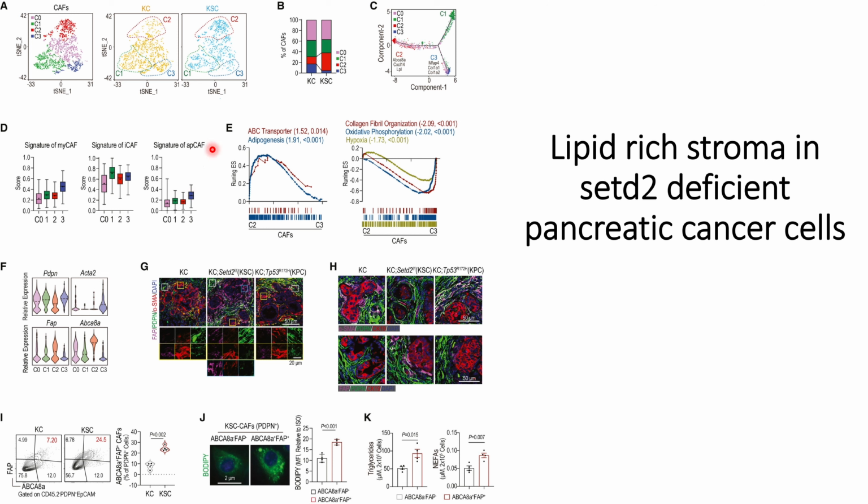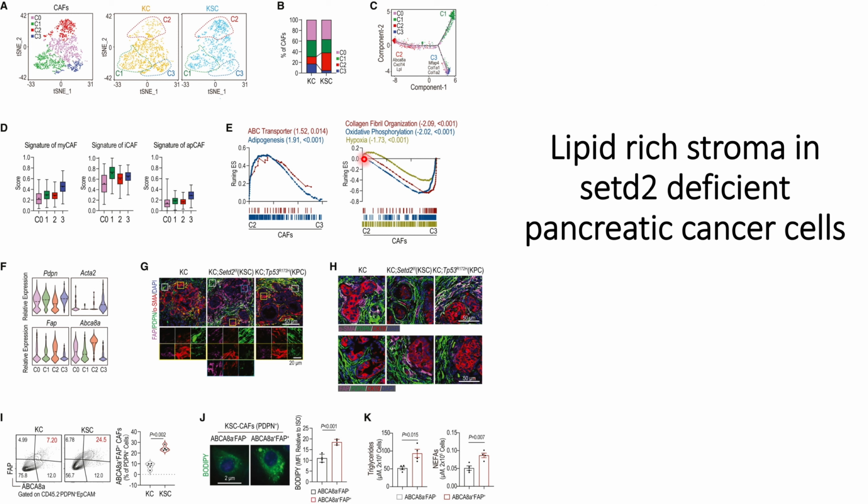When they did the gene set enrichment analysis based on the genes upregulated in these clusters, they found that in the C2 cluster the ABC transporter and adipogenesis genes are highly upregulated, whereas in the C3 cluster oxidative phosphorylation, hypoxia, and collagen fibrils are downregulated.